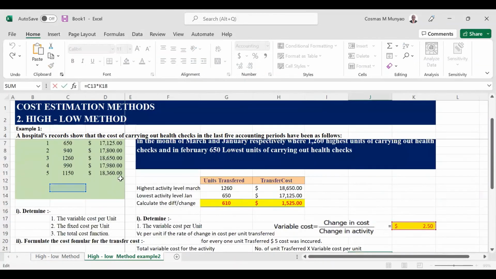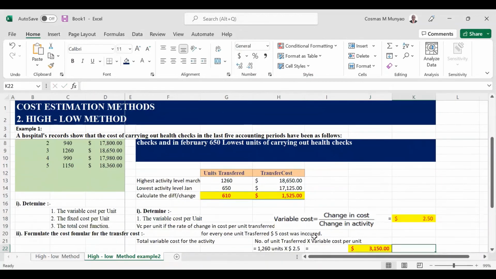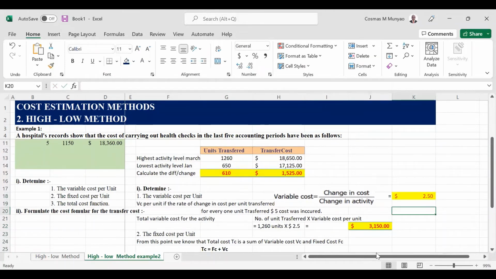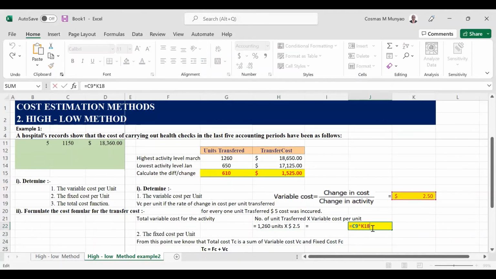So this should be the highest. You can take the highest, 1,260, and it will give you the total variable cost transferred, because we have already formulated it. The number of units transferred times the cost per unit will be your variable cost for each activity.